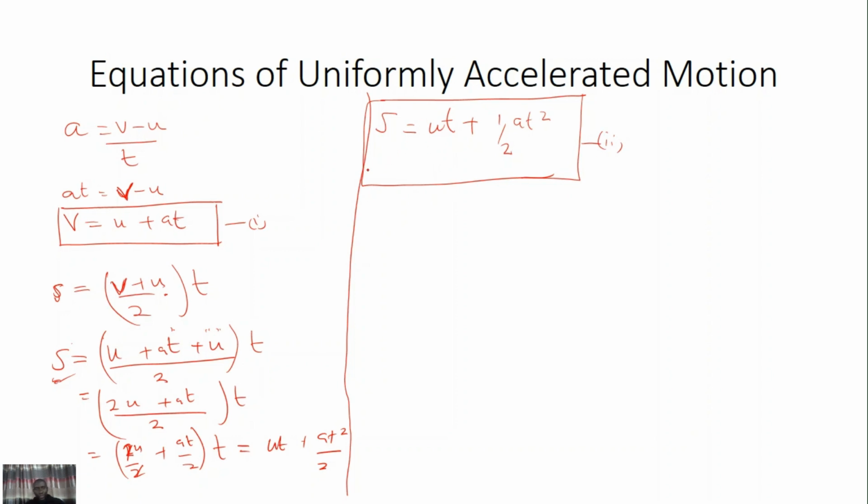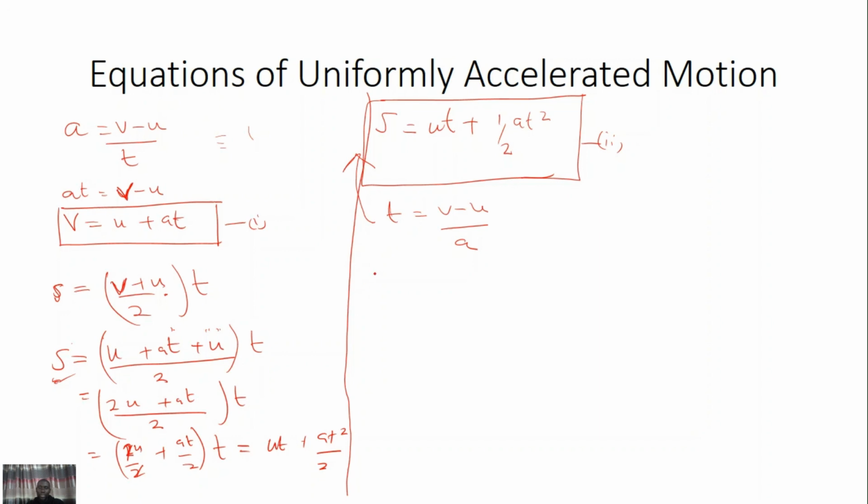Now, still from the first formula, t can be equal to (v minus u) divided by a. Let's substitute it in this equation.